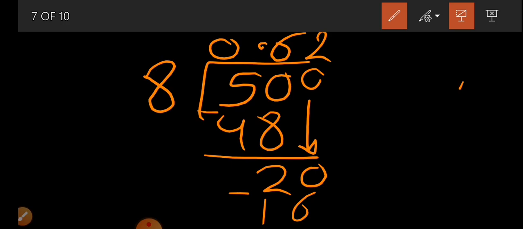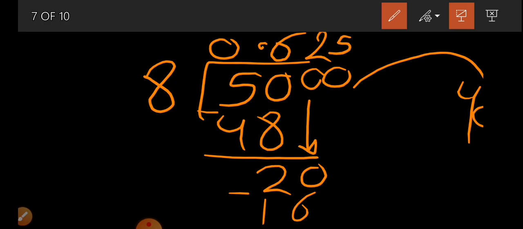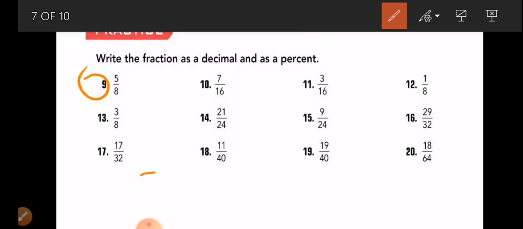Subtract. I will complete here 4. Then I can add another 0. So it's 40. Then 40 divided by 8 will give me 5. 5 times 8 is 40. Subtract them, 0. So the answer is 0.625. I got the decimal form.